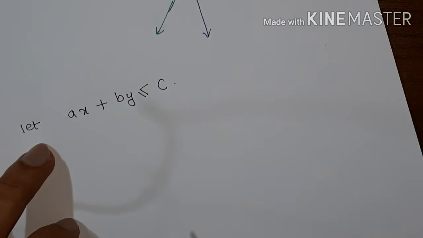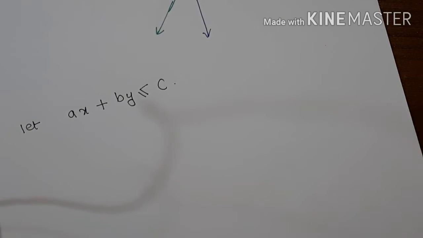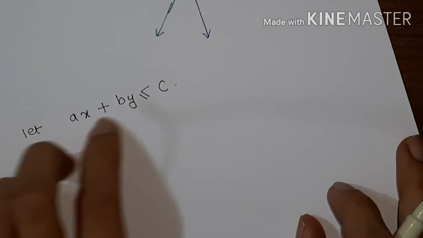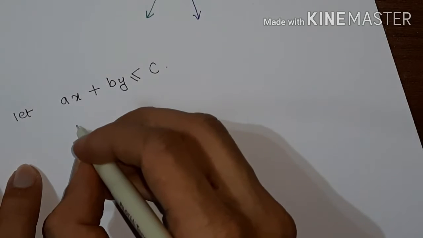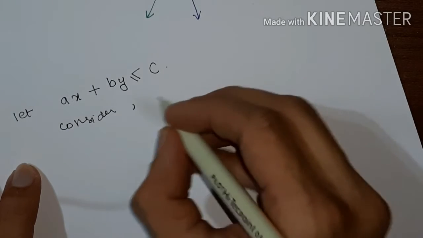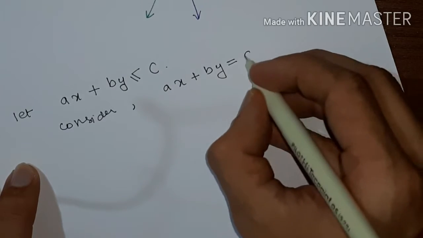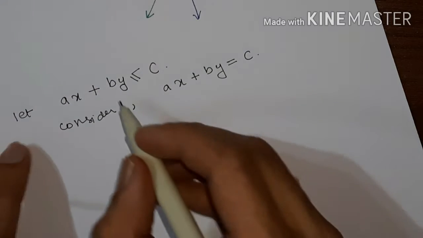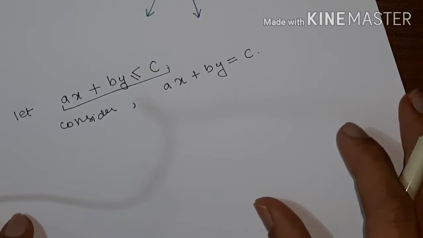Now you consider an inequality. Let ax plus by be less than or equal to c. Corresponding to this inequality you will have a line, so consider ax plus by equal to c. What you consider is the equality corresponding to this inequality.